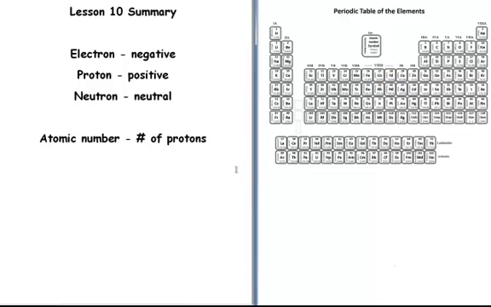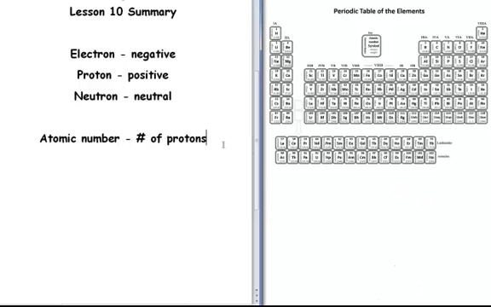So while we know that the number of protons has to stay the same, we know also that electrons come and go. If the number of electrons are equal to the number of protons, we have a neutral atom. There is no overall charge because they balance each other out.